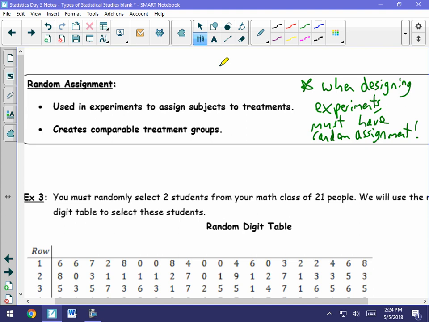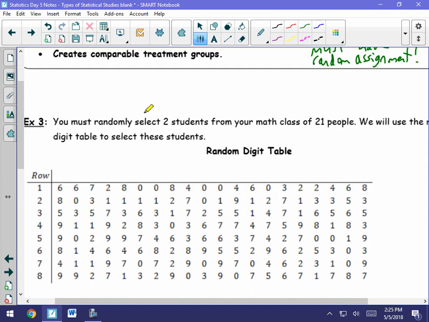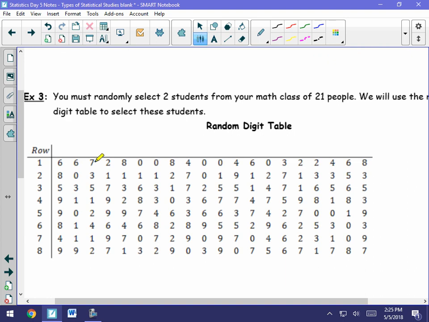So how do we actually do this when we're setting up an experiment? There's a couple of ways. It says you must randomly select 2 students from your math class of 21 people. We will use the random digit table to select these students. So this is one way that you can pick a couple of people from the class and be truly random about it. This is just a table of a bunch of random numbers.